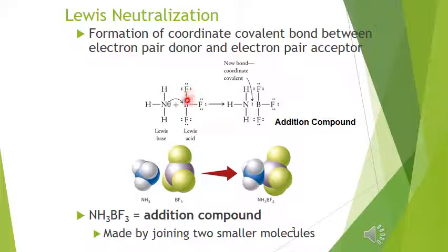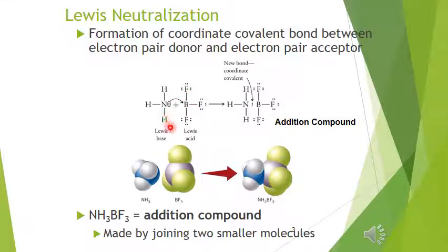So boron has an empty valence. It has a place to put 2 electrons, so it can easily accept electrons. And this nitrogen here has a lone pair of electrons, and what it can do is donate the electrons to the BF3.